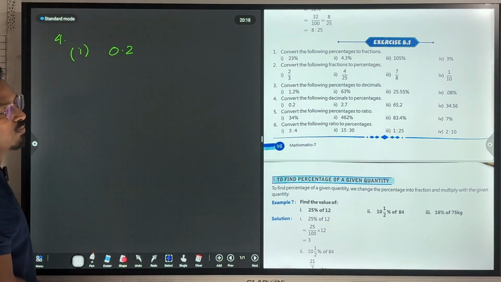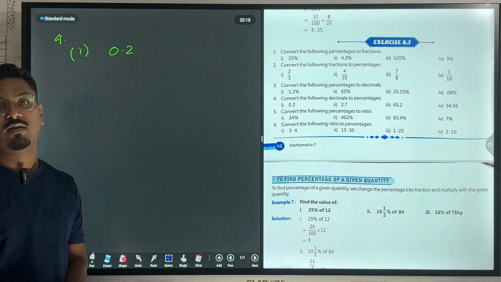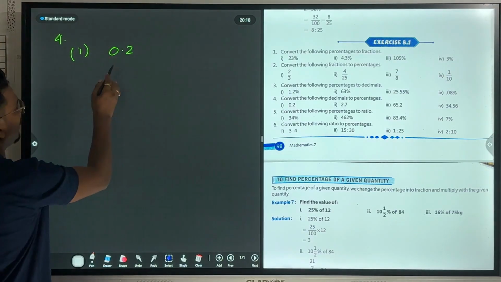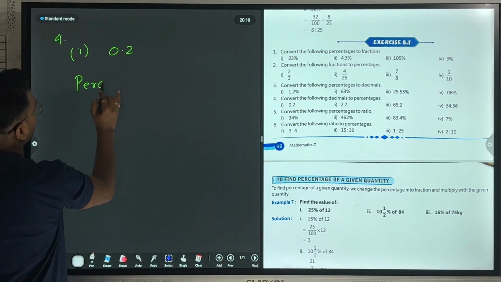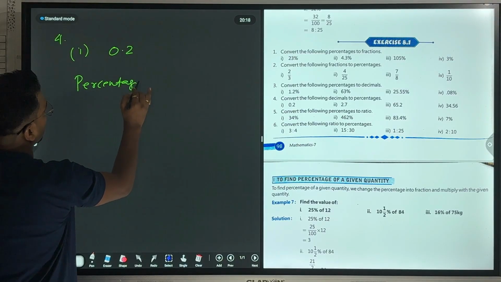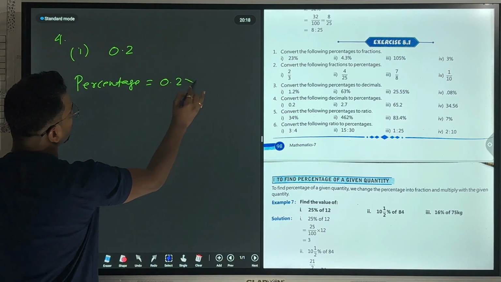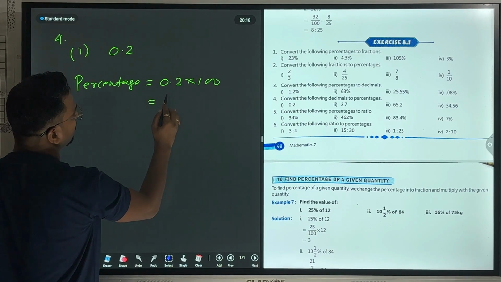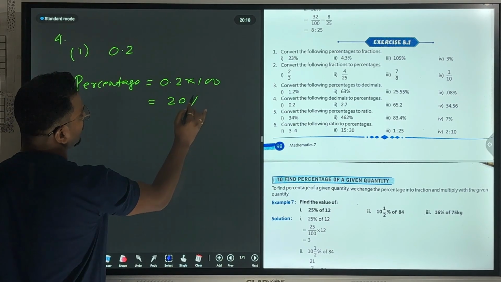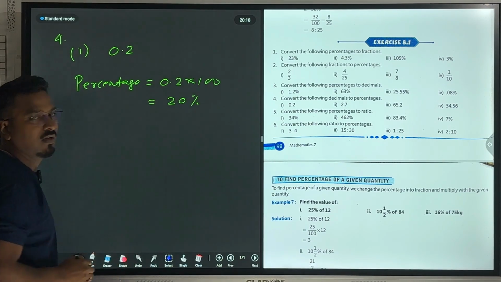So you have to convert into percentage. Percentage means you have to multiply by 100. Okay, it is given in decimal. So if you want to bring it to percentage, then you have to multiply this with 100. So this will become 20%.